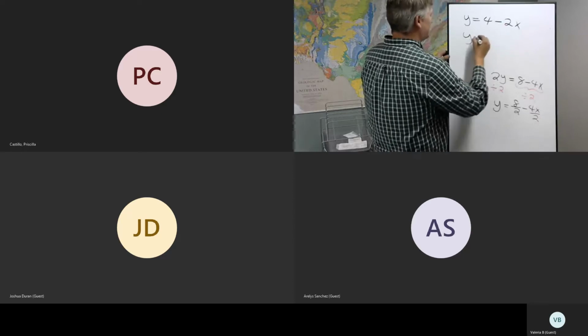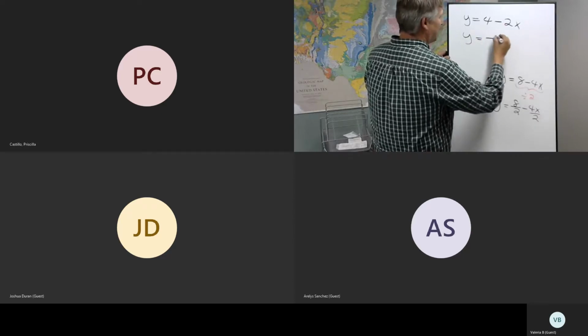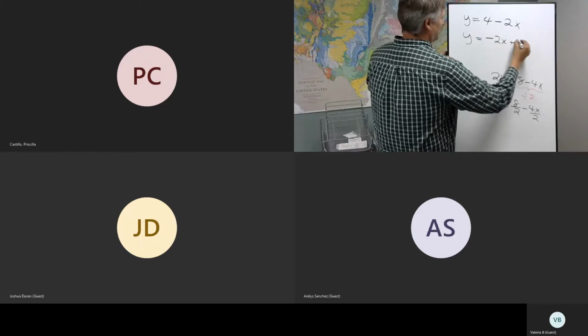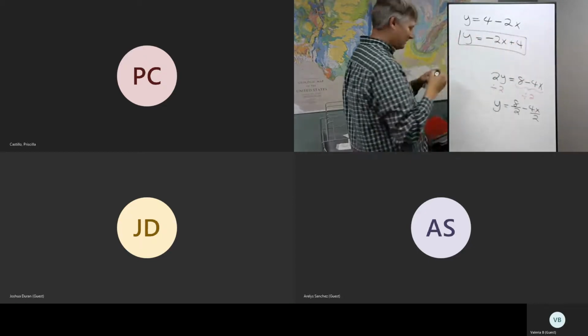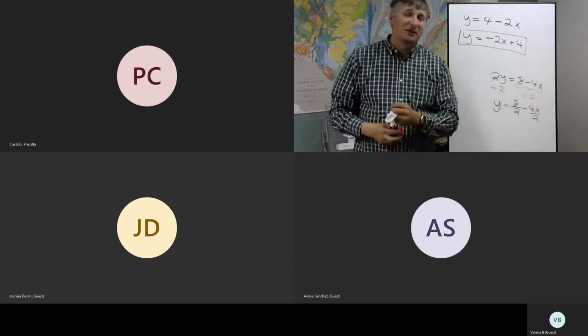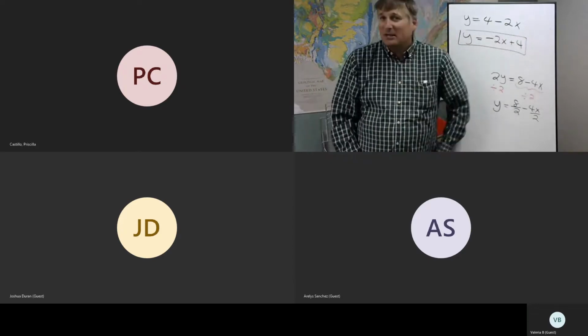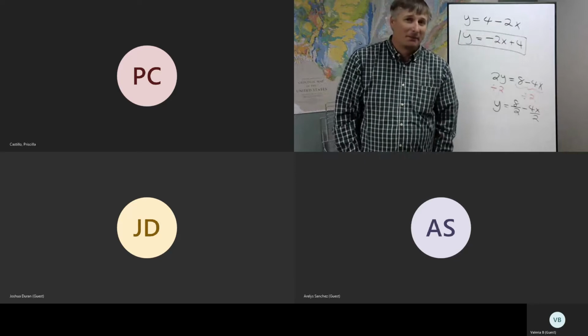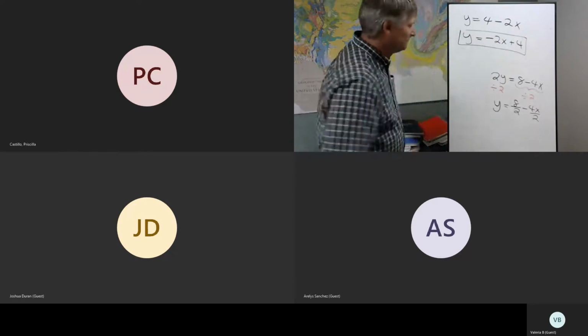Or I could write it with the 2x term first, which will bring the minus sign with it. And that's the final answer. So any questions about that? All right, now moving on to slope.